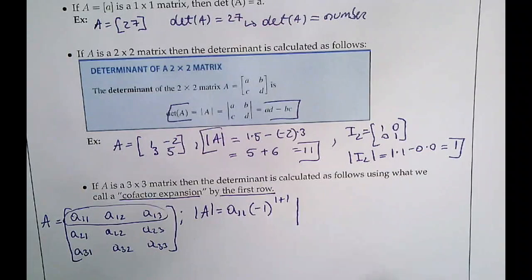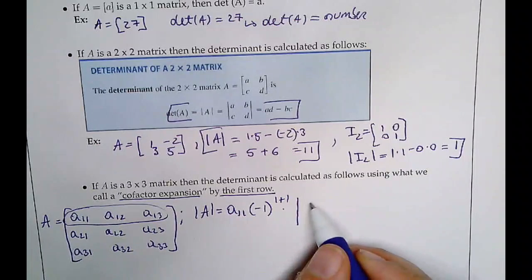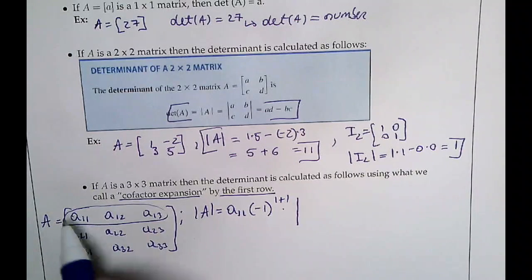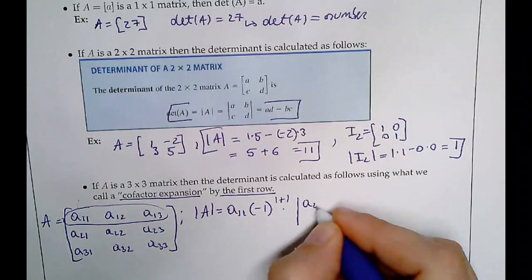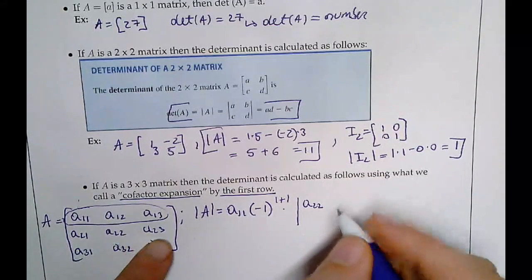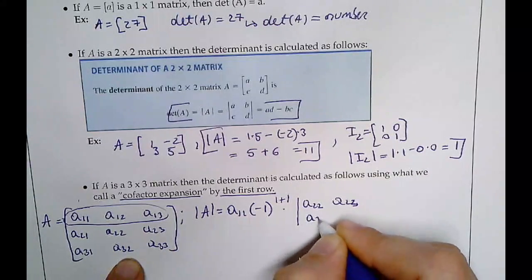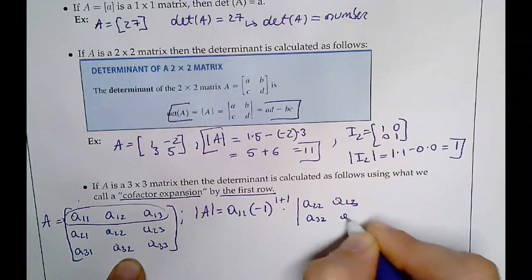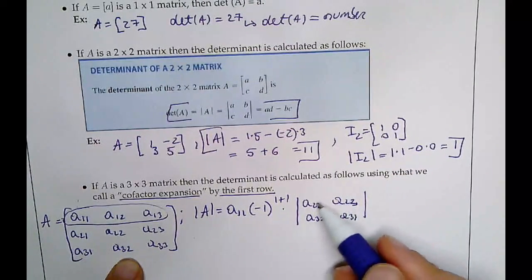And then it's going to be times the determinant that we obtain from removing row 1 and column 1. So if I remove row 1 and column 1, this is the determinant I am left with. So A22, A23, and then A32 and A33. Because we know how to calculate determinants of a 2 by 2.